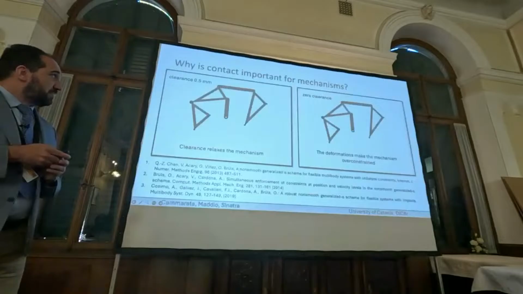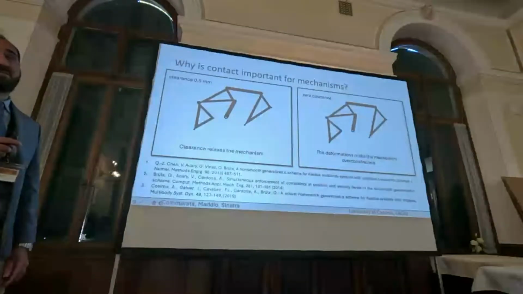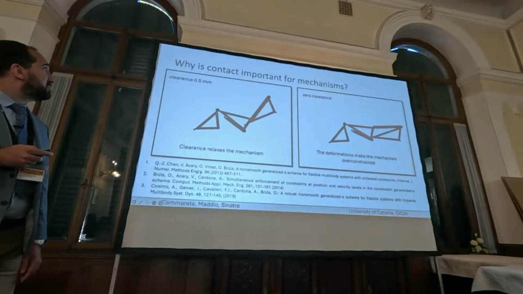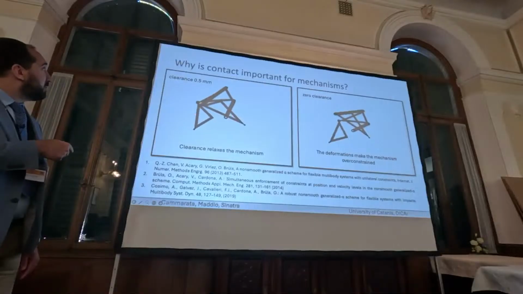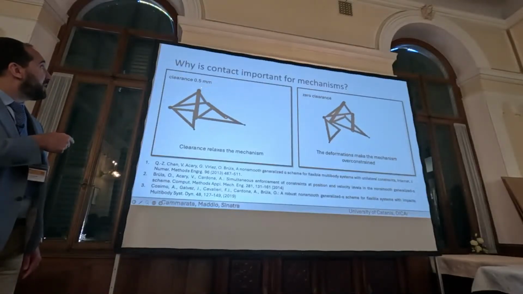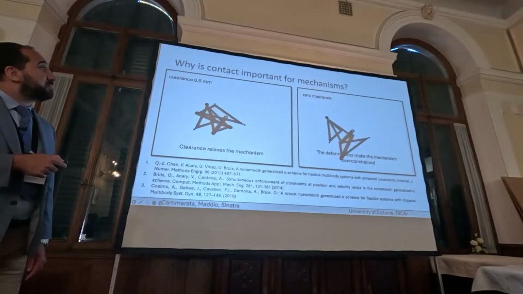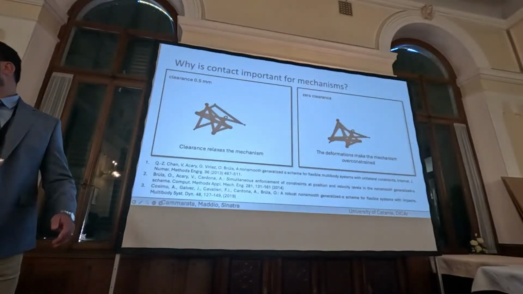We start with the importance of contact for mechanisms. If you observe these two simulations, the first simulation is with clearance in the joint of 0, and the other configuration is with no clearance, so ideal joints.